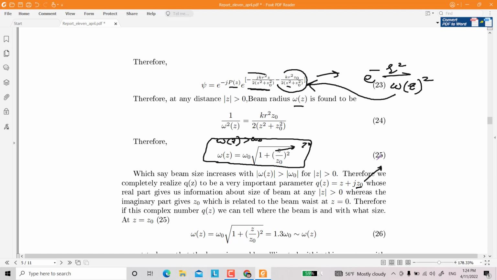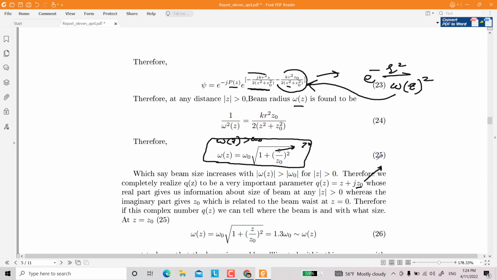So this Q of Z is a very important parameter which is going to specify the size of the beam at any value of Z, whether Z is equal to 0, greater than 0, or less than 0, meaning you are moving towards the right or towards the left.